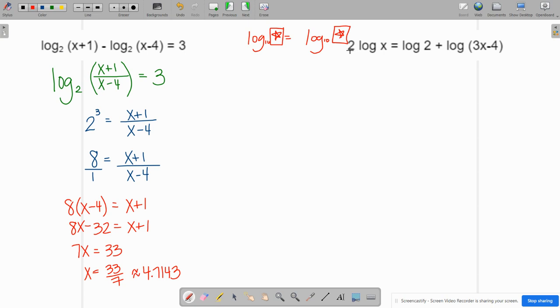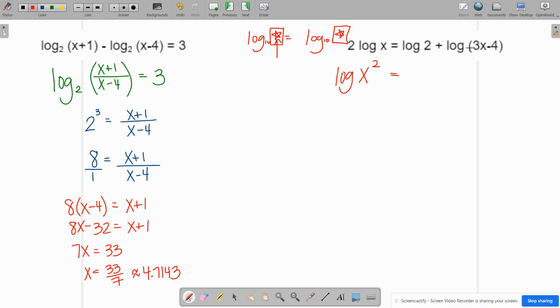So we want to first rewrite 2 times the logarithm of x. Remember, this is the same thing as log of x squared. So what's in this box is an x squared over here, equals over here log of 2 plus log of the quantity 3x minus 4.